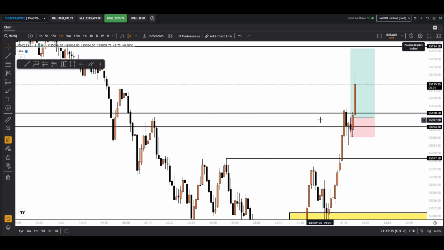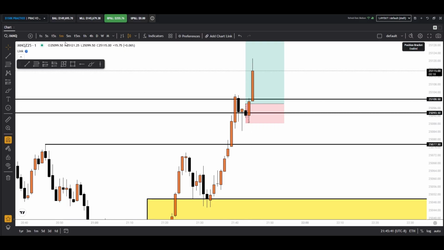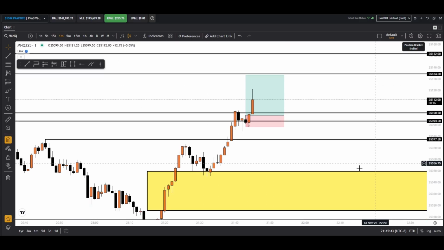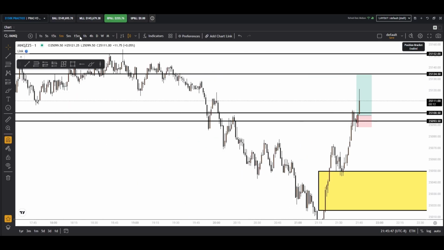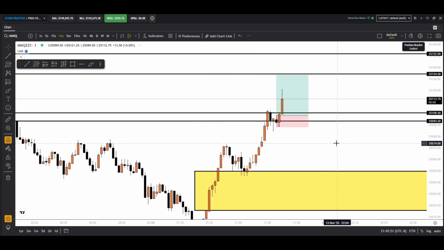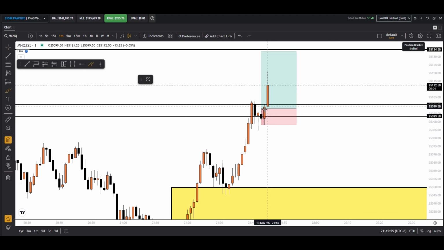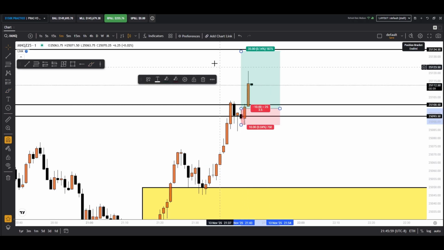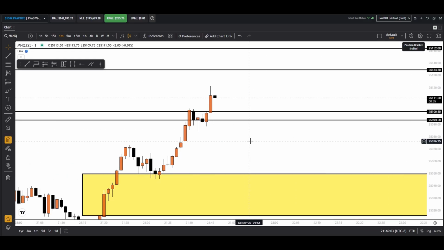Or it's just going to rip higher. Range, take a long hit. Take a nice long.